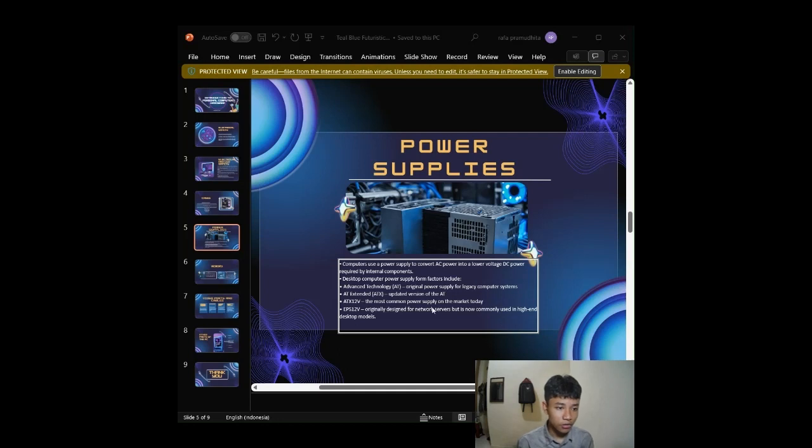Computers use a power supply to convert AC power into the lower voltage DC power required by internal components.